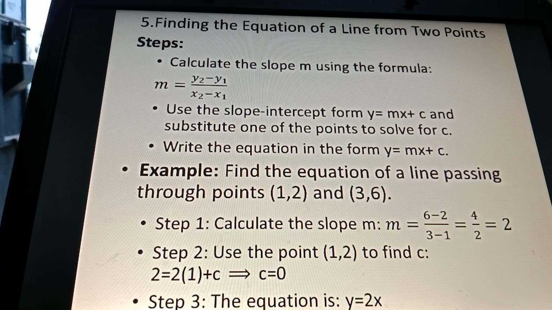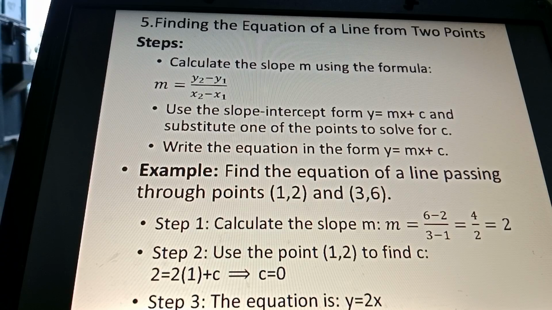Step 2. Use the point (1, 2) to find c. So 2 equals 2 times 1 plus c in the slope-intercept form equation, which implies that c is equal to 0. Step 3, the equation is y equals 2x.